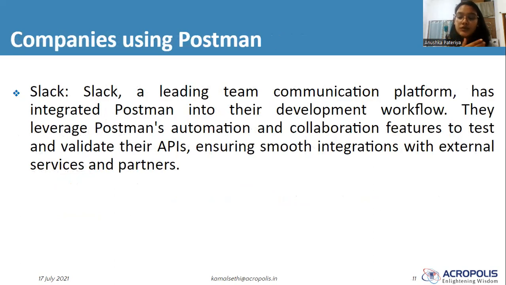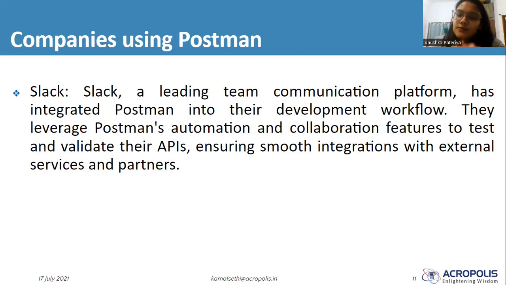Now, we read all about Postman, but what is the real life use of Postman or where is it being used? There's a very popular teams app named Slack, where the whole team communicates with each other, posts their developments, their work, their issues.